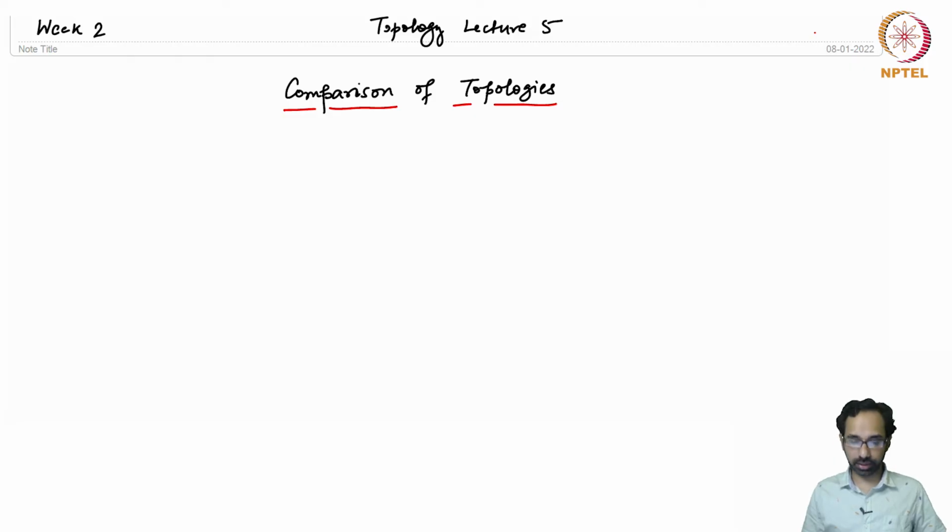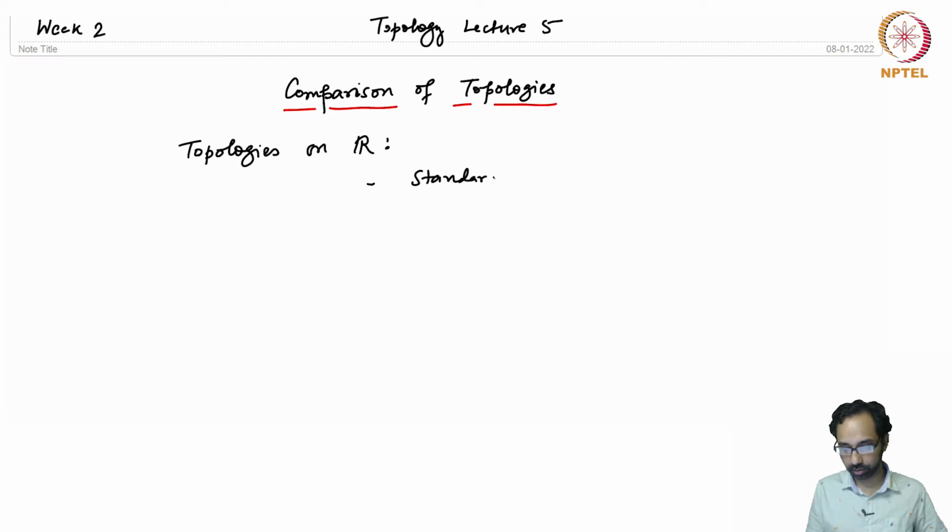Recall from the last lecture that we have defined 3 different topologies on the set of real numbers. The first one was the standard topology, the second one was the lower limit topology, and the third one was the K topology.